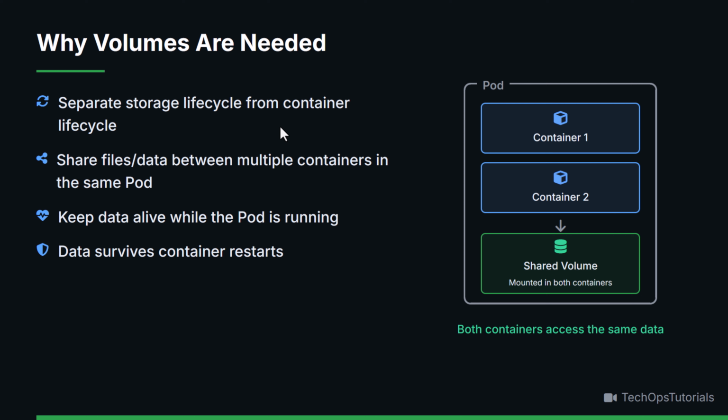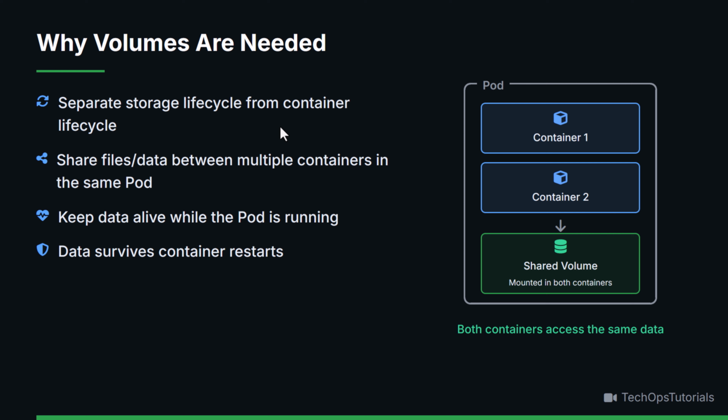So why do we need volumes in the first place? First, volumes give us a way to separate the lifecycle of the data from the lifecycle of the container. That means even if the container goes away, the data can still remain. They also make it possible to share data between multiple containers inside the same pod. For example, one container could generate log files while another container processes them, both using the same shared volume.